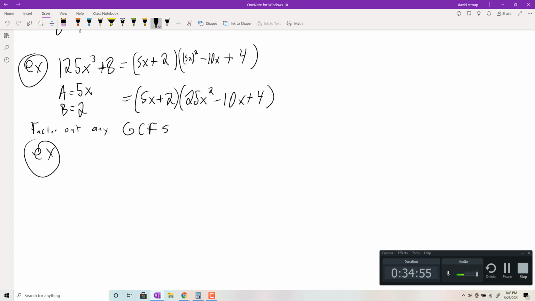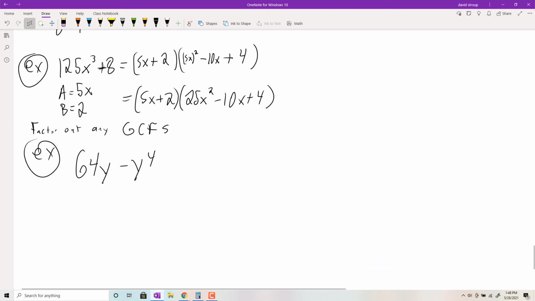Again, the cardinal rule: factor out any GCFs. Okay. So in this example, we have 64y minus y to the fourth. Okay. So it doesn't look like one of these differences of cubes, right? And in this case, it almost looks like a difference of squares, but it's not. And you can see that when you factor out a y.